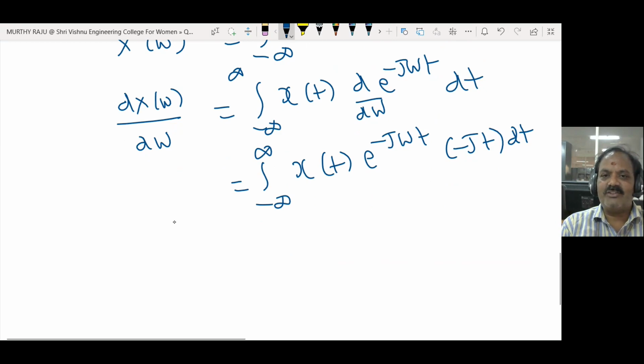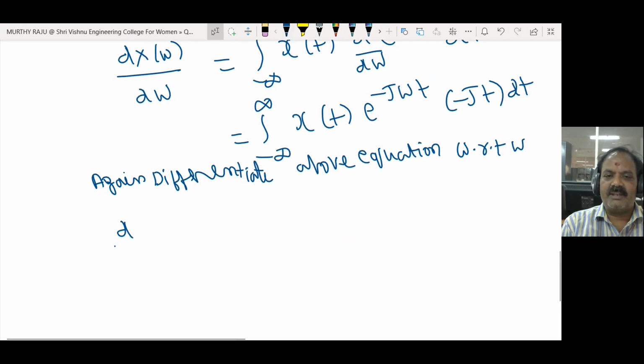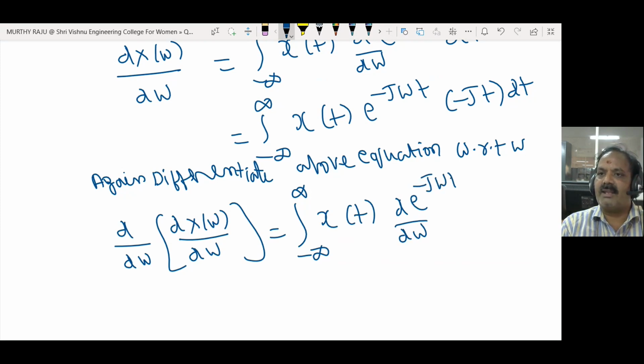Again, differentiate the above equation with respect to omega. Another differentiation, that is d by d omega of d X of omega by d omega, is the integral from minus infinity to plus infinity of x of t d by d omega of e power minus j omega t, here minus j t, dt.